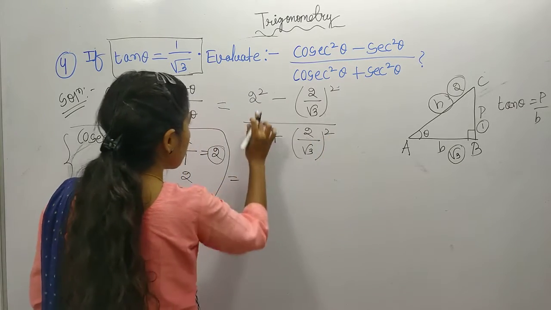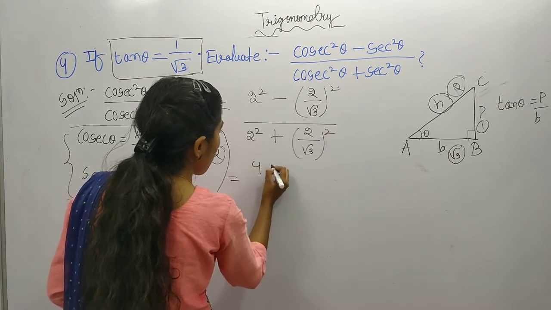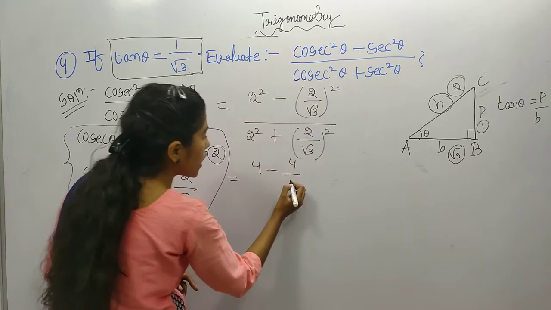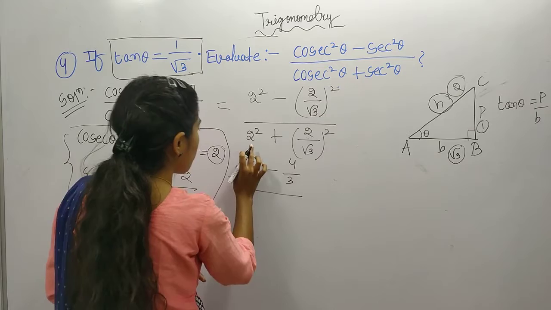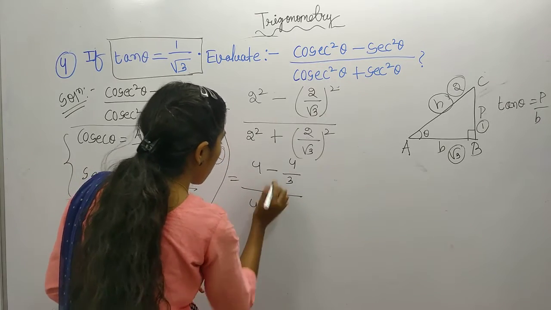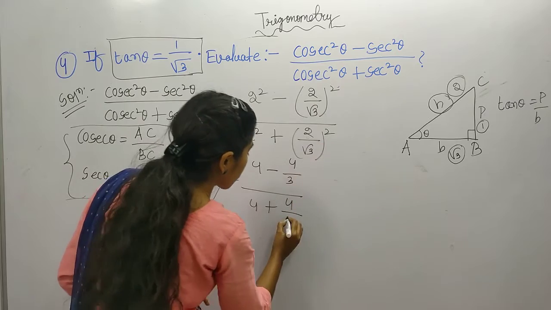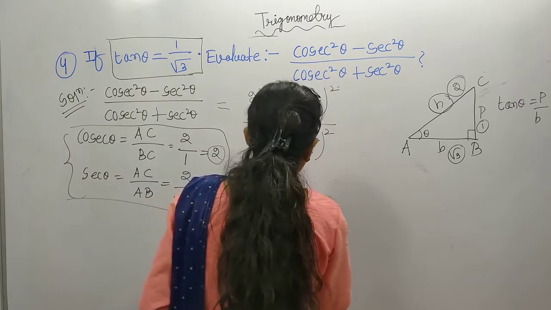So what will it become? 2 square is 4 minus 2 square is 4 divided by root 3 square, which is 3, divided by the same: 2 square is 4 plus 2 square is 4 divided by root 3 square, which is 3.